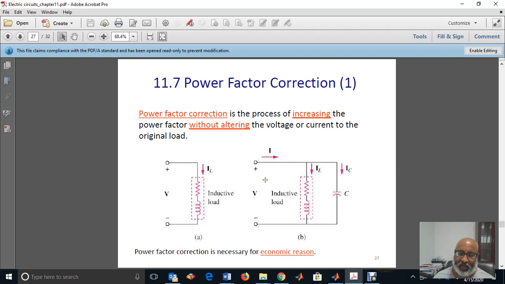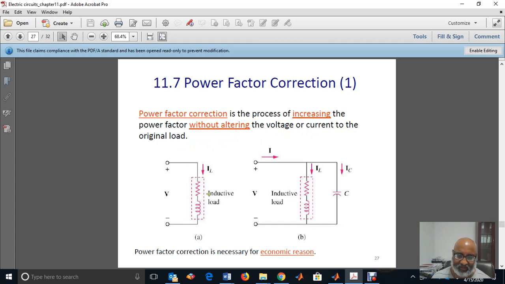For example, if we are paying to the electric power authorities, then reducing our electricity consumption means energy is reduced and we will pay less cost. So power factor correction is very important. So what is power factor correction? It is the process of increasing the power factor without altering the voltage or current to the original load.